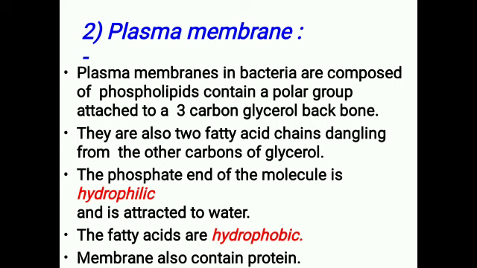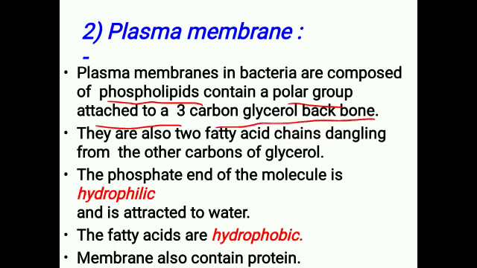Next is the plasma membrane. As we know, the plasma membrane is present just below the cell wall, and it is composed of phospholipids, that is phosphoric acid and lipids. It contains a polar group attached to a 3 carbon glycerol backbone.